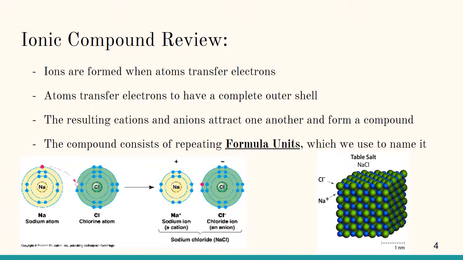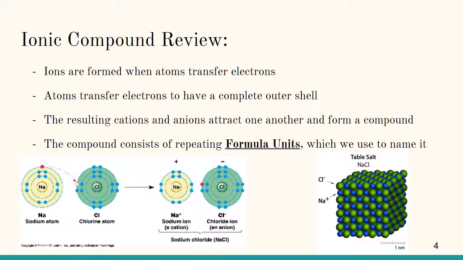Okay, so to review what we've talked about so far with ionic compounds, they form when atoms transfer electrons. So atoms transfer electrons so that they can have a complete outer shell. So down here, we have a sodium, its valence electron, there's just one of them, wants to go away.